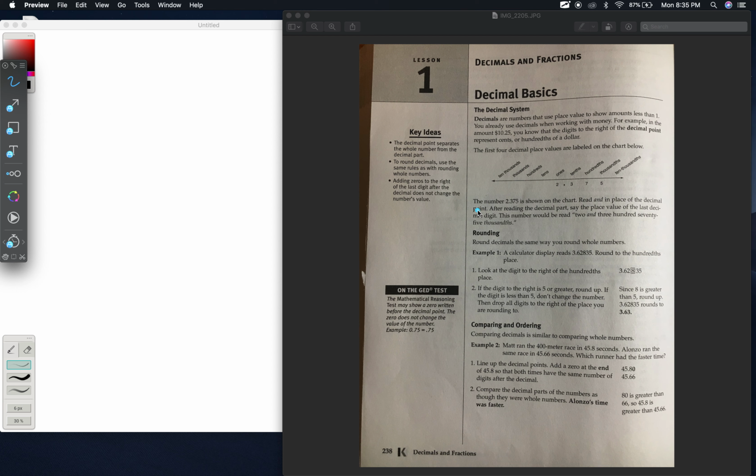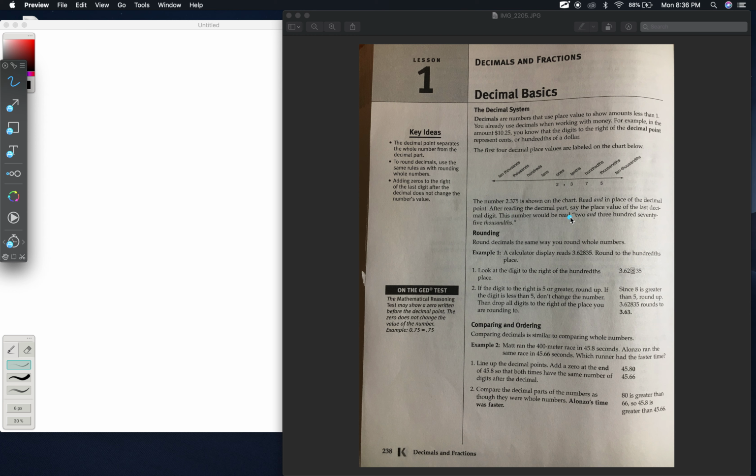After reading the decimal point, say the decimal part, then say the place value of the last decimal digit.